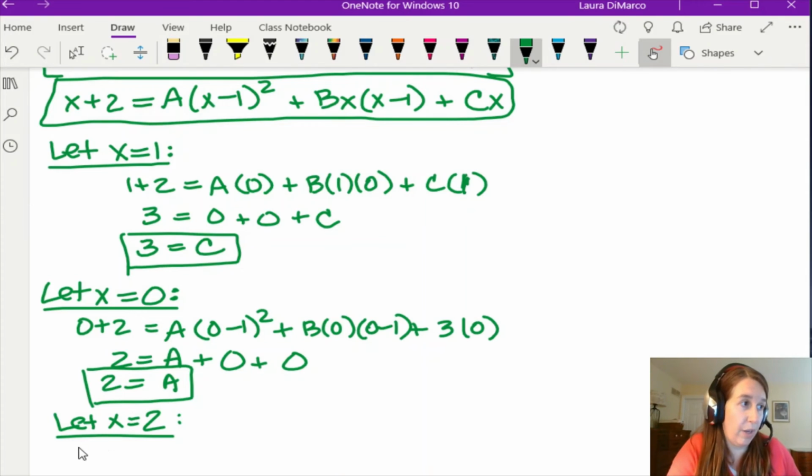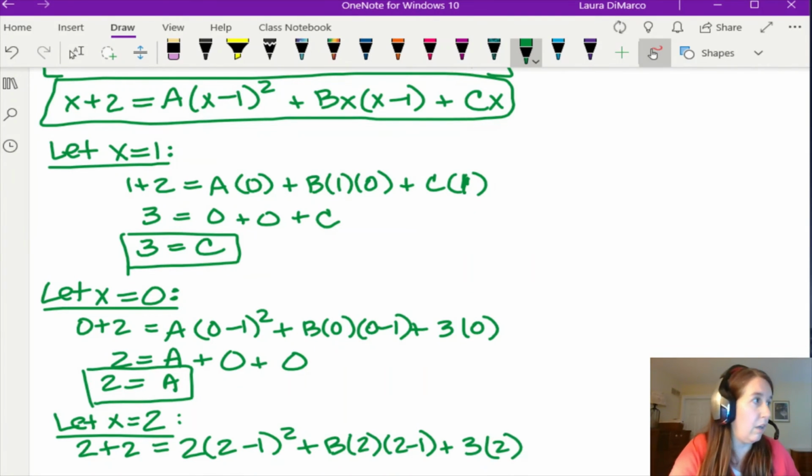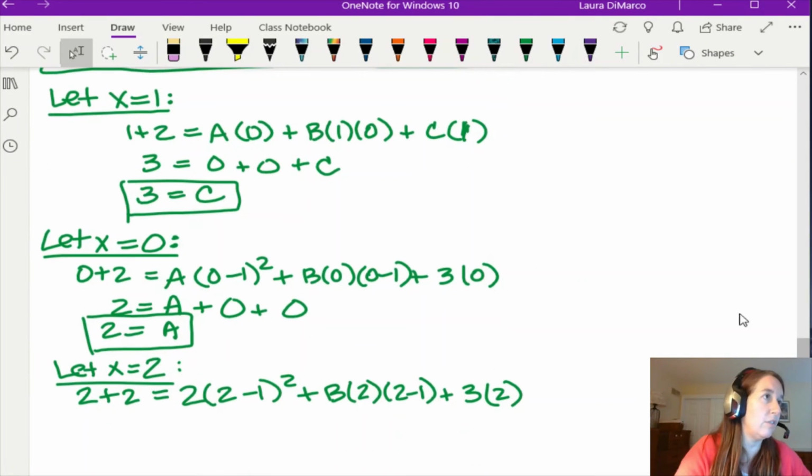So if x is 2, that would be 2 plus 2 equals, I'm just going back to this original equation here every time, a, which was 2, times 2 minus 1 squared, plus, we don't know what b is, but we do know it's times 2 minus 1, and then plus c was 3 times 2.